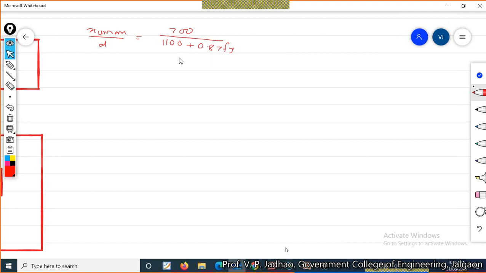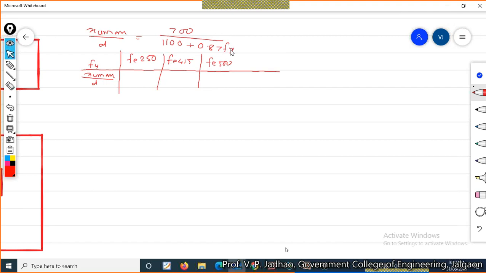Okay, so if we consider Fy in one row and Xu max upon d in another row, you just put the value of Fy equal to 250 for Fe 250, then the next grade of steel Fe 415, and the next Fe 500.